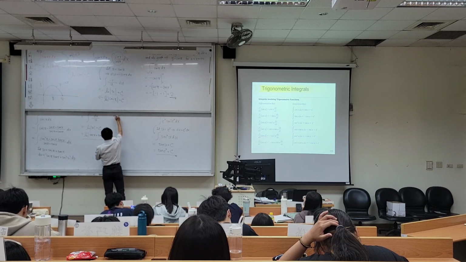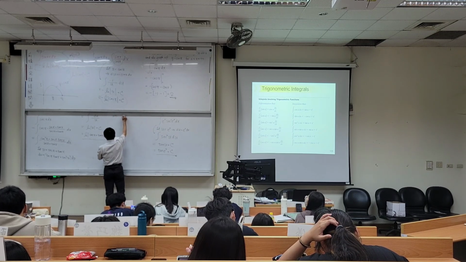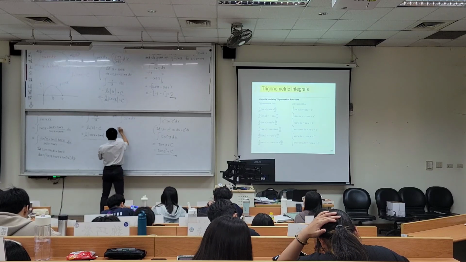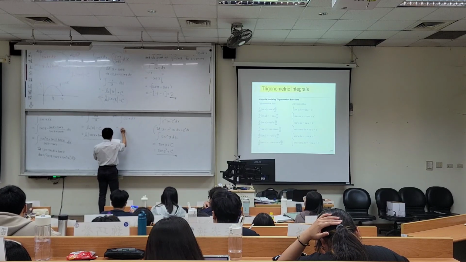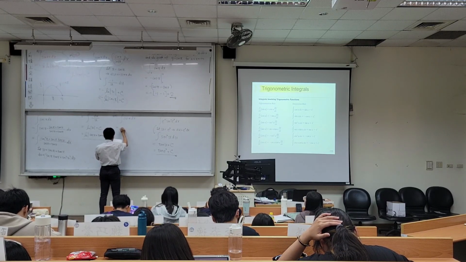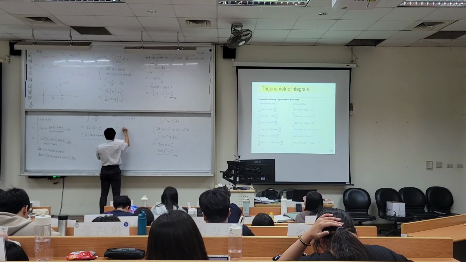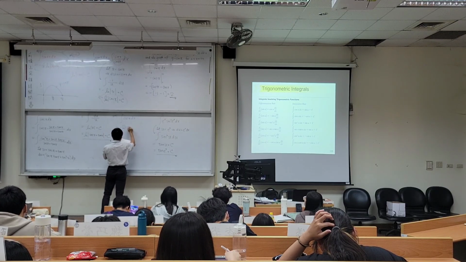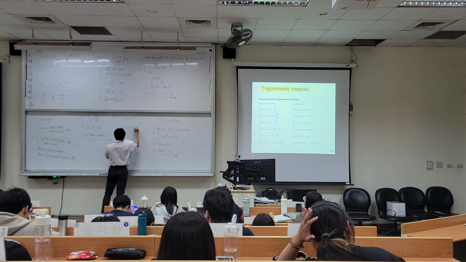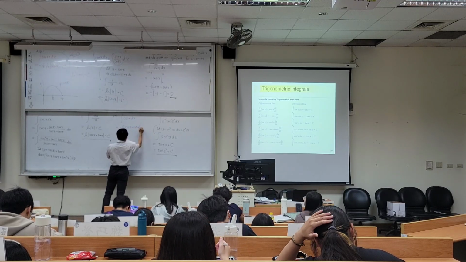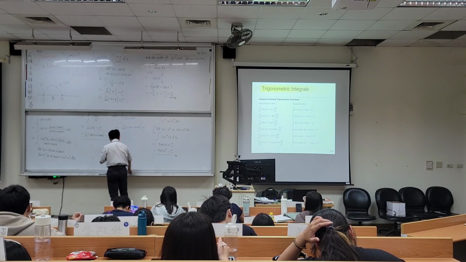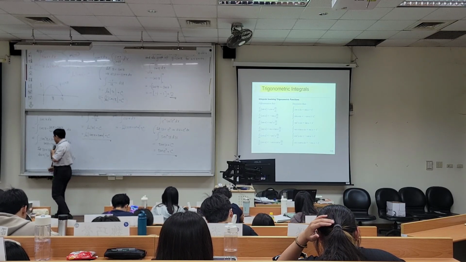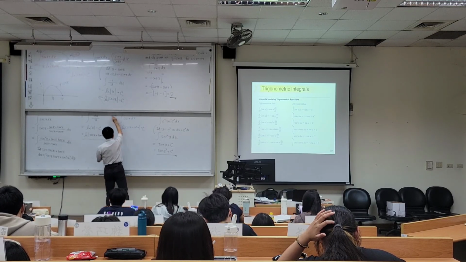So this one is the cosecant x dx, and the answer will be minus natural log of the absolute value of cosecant x plus cotangent x plus c.